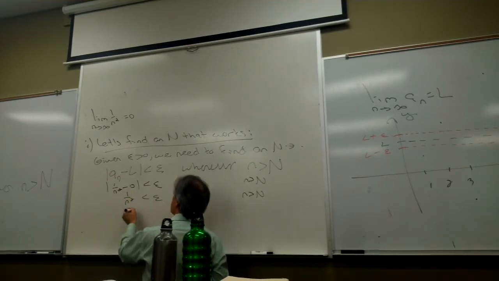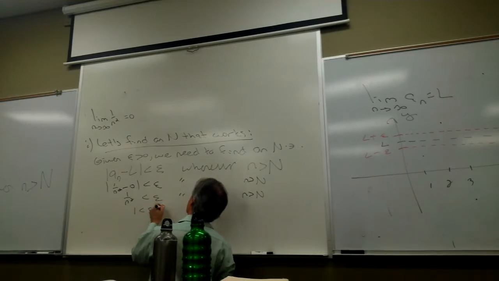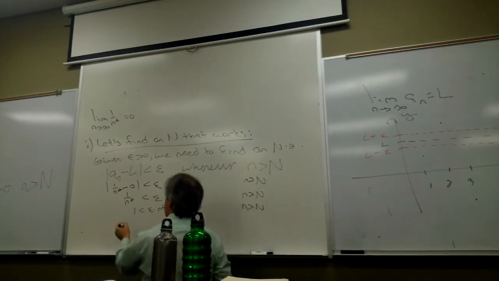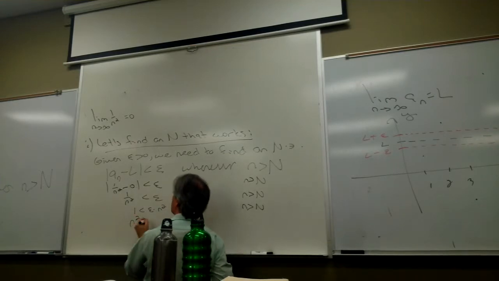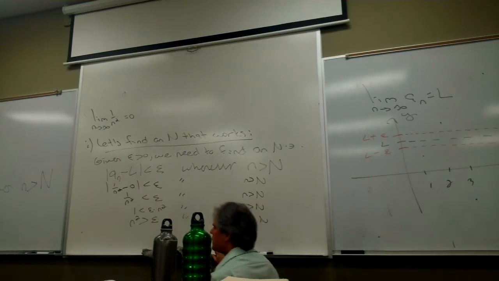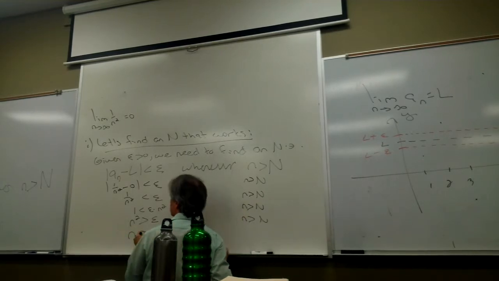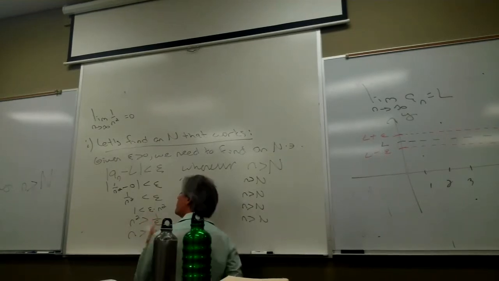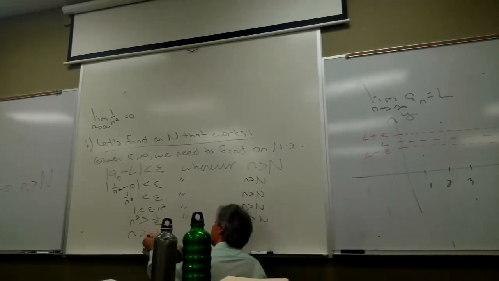And now multiplying by n squared. Dividing both sides by epsilon. Taking the square root of both sides. I said dividing by epsilon. Didn't I? But taking the square root of both sides.